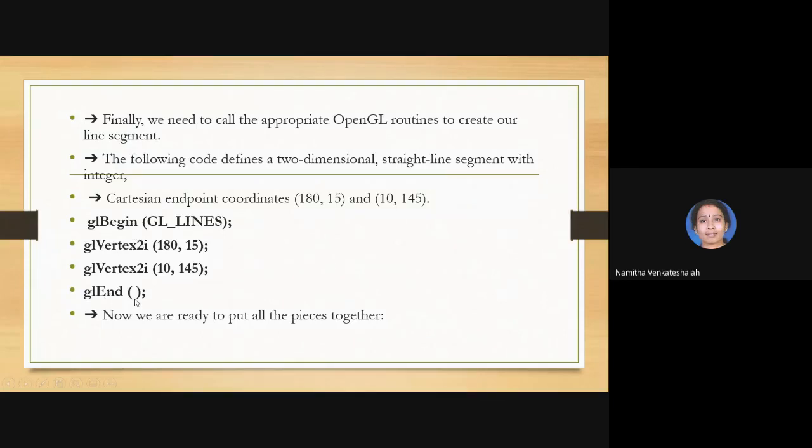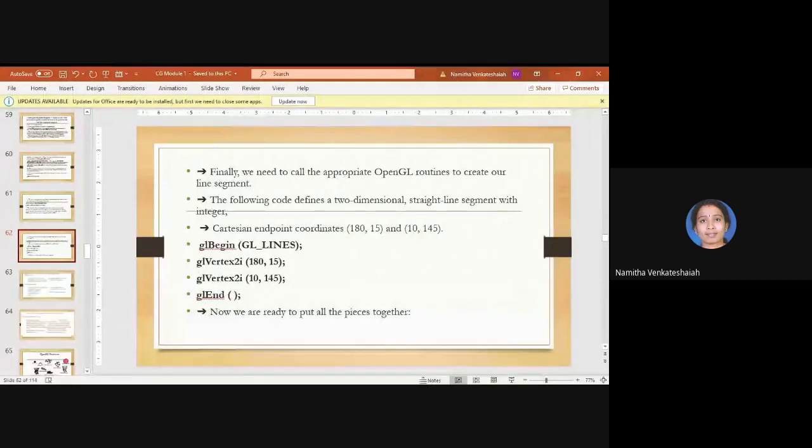To draw anything in computer graphics, we will be using glBegin and glEnd, and inside glBegin you should write whatever you are drawing. Here we have written GL_LINES, which means you are drawing a line.